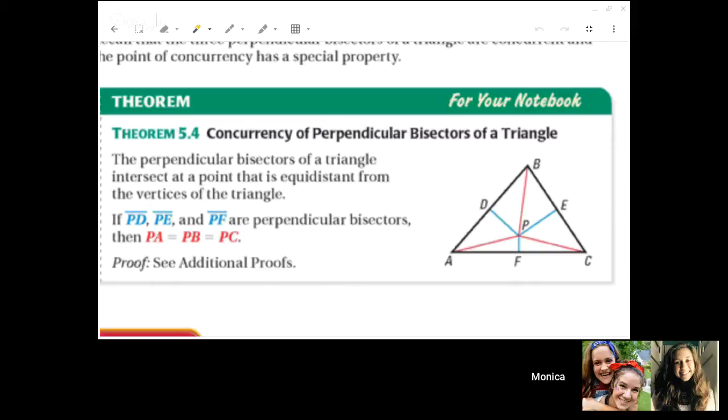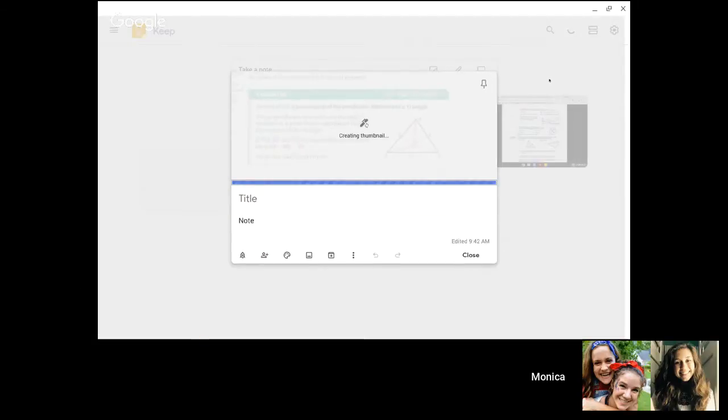So the way that you can find the point that's equidistant from them is to draw your perpendicular bisectors. Let me see if I can go back and show the other problem now.